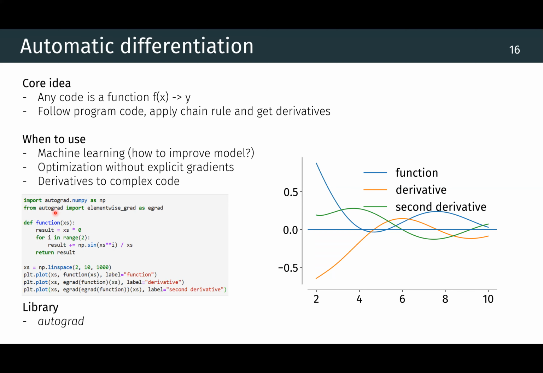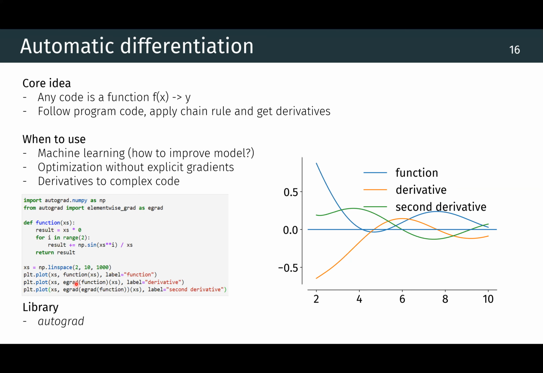So let's imagine this function here, xs, which is the one we want to differentiate. We take some result vector, which is all zeros, and then we have a for loop. The for loop takes some sine function, divides it by the input, and then returns the result. So this is not a mathematical function that you have written somewhere or just concatenated NumPy calls. You can just write regular Python code, and then say, what's the gradient of this function here?